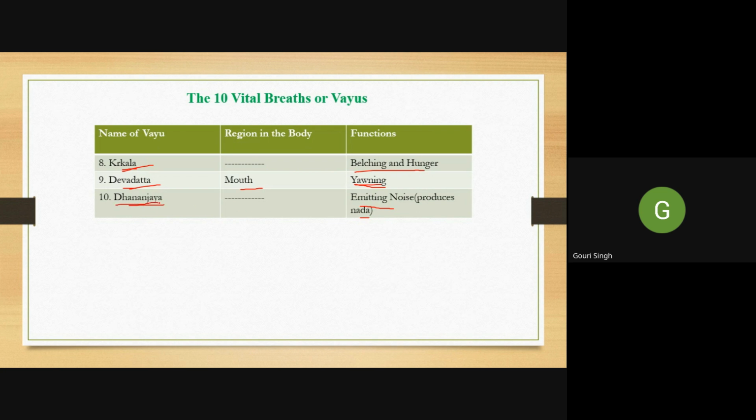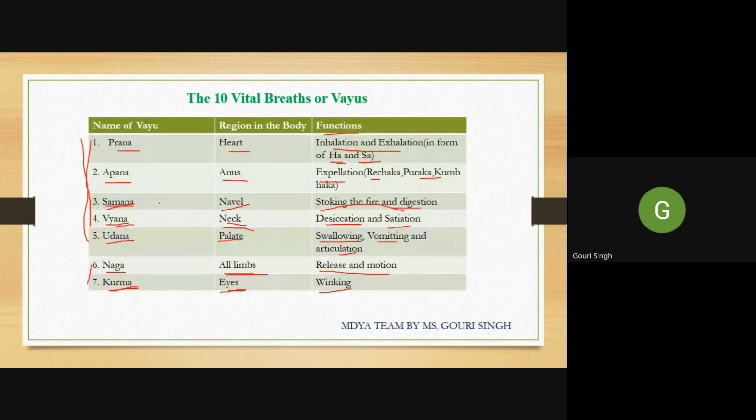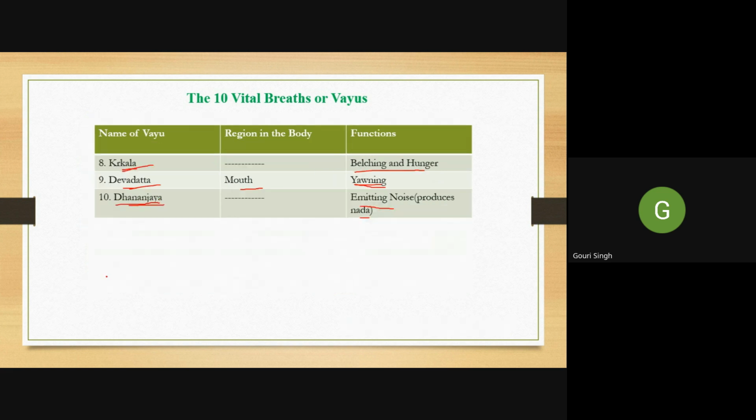So in Siddha Siddhanta Paddhati, it is discussed how many Vayus there are: ten. Five are main pranas and five are Upapranas. The Prana, Apana, Samana, Vyana, Udana are the main ones, and the Naga, Kurma, Krikala, Devadatta and Dhananjaya are the Upapranas.